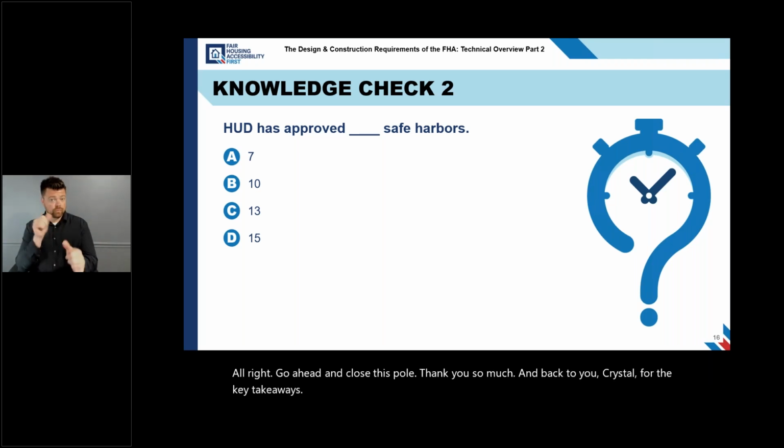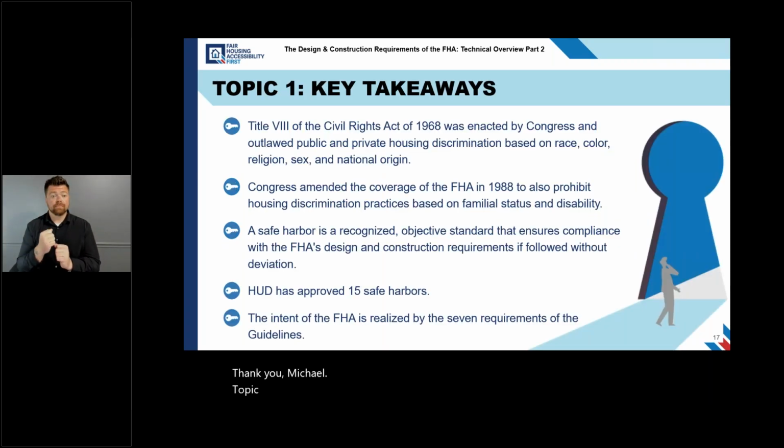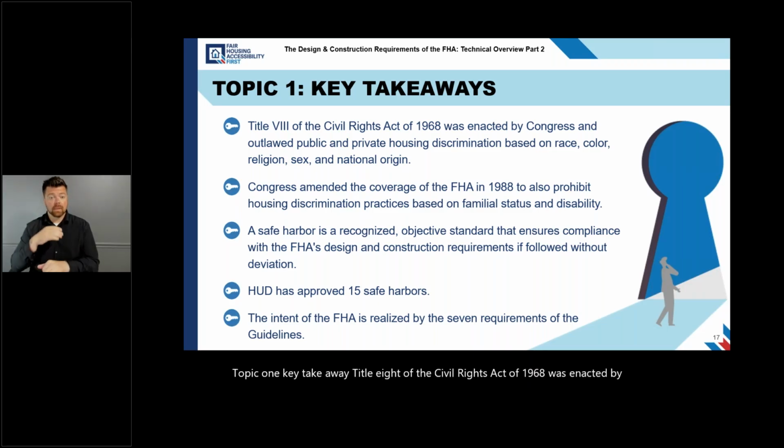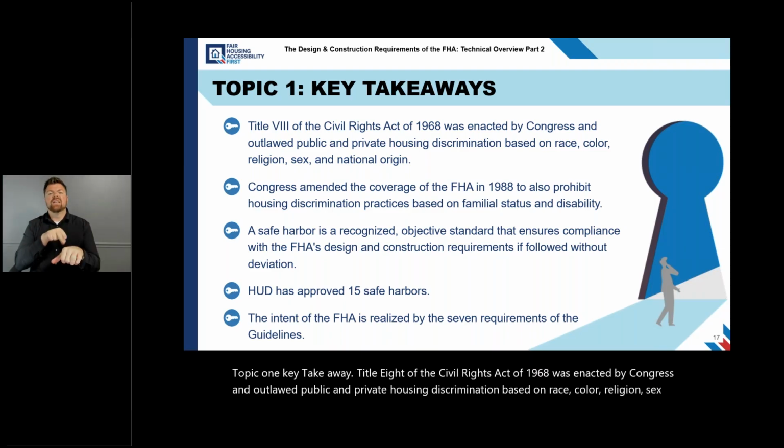Thank you, Michael. Topic 1, key takeaways. Title 8 of the Civil Rights Act of 1968 was enacted by Congress and outlawed public and private housing discrimination based on race, color, religion, sex, and national origin.